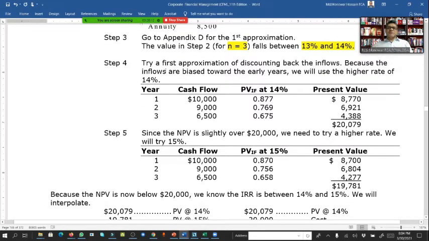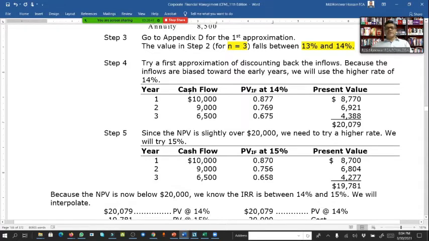First, try to approximately discount back the inflows. Because the inflows are biased towards the earlier years, we will use the higher rate. Here the higher rate is 14%. Taking 14%, the PV factors for the 3 years are: year 1, 0.877; second year, 0.767; third year, 0.675.